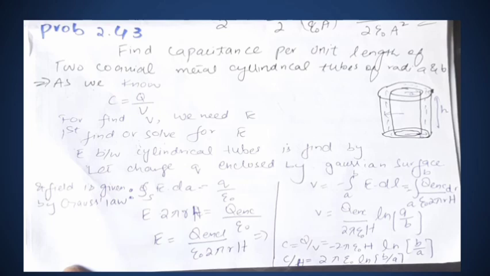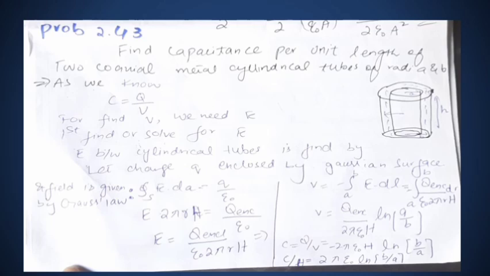From the figure we can see the inner tube having radius a and the outer tube having radius b, and the length of the cylindrical tubes is h or L.